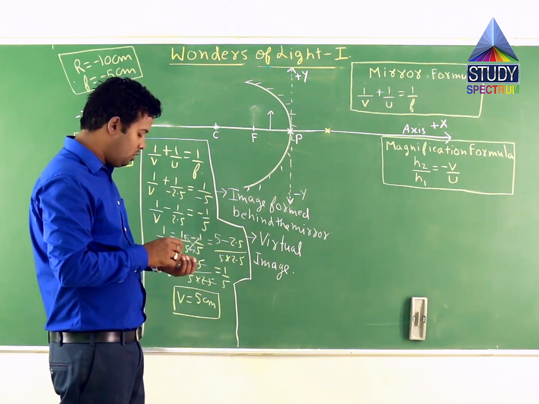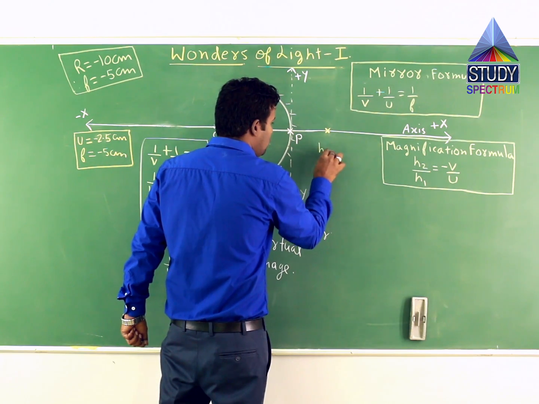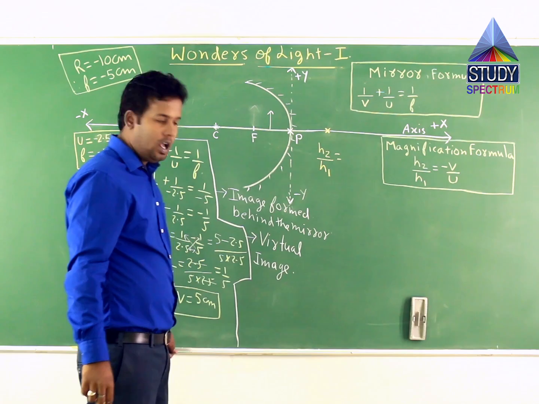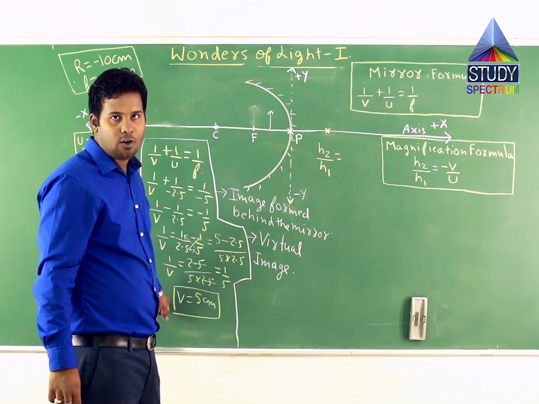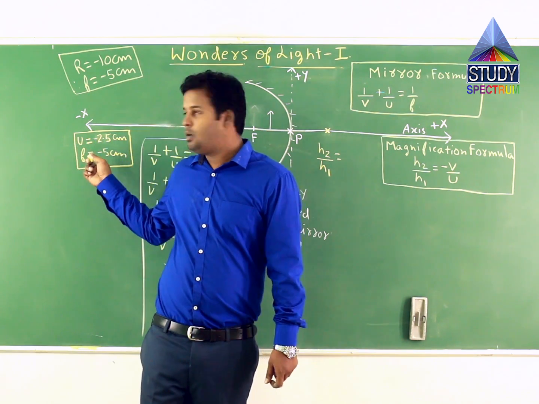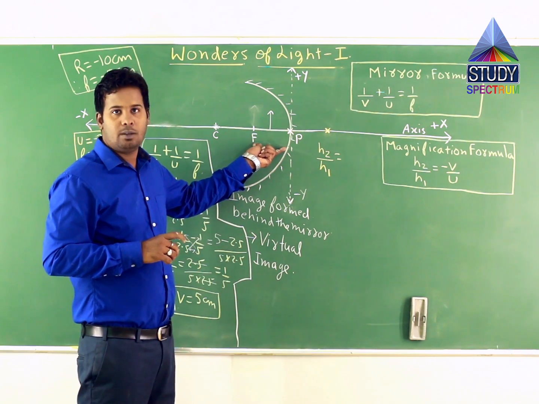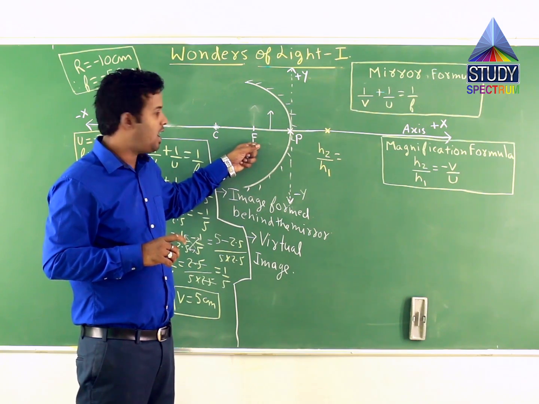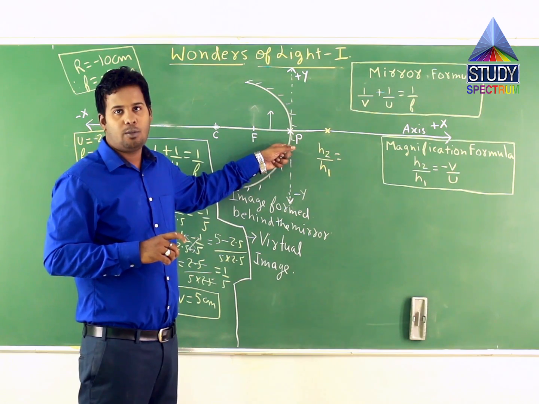Now if I use magnification formula, that is h2 by h1 is equal to minus v by u, and I will substitute the values of v and u. V I have obtained from calculation using mirror formula. U I have assumed to be minus 2.5 centimeter because the object is placed between focus point and pole, and the focus point is minus 5, pole is 0, so it should be anything between focus point and pole.